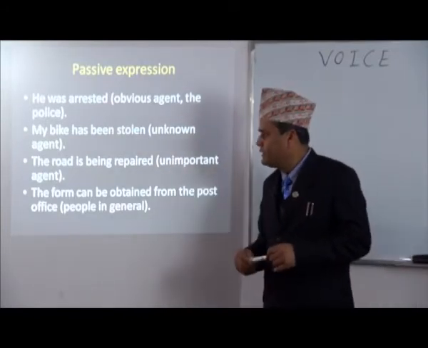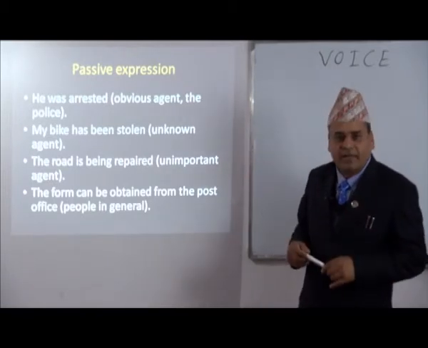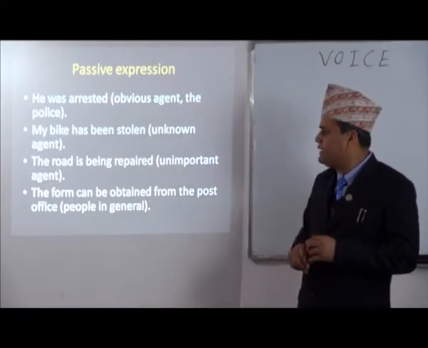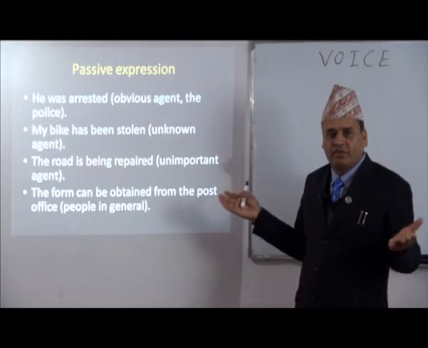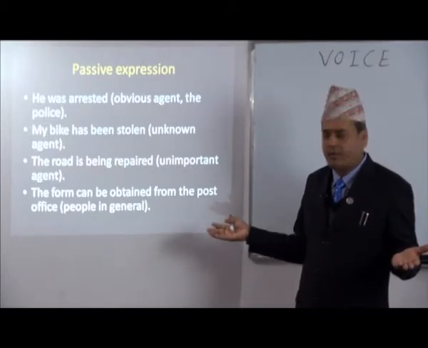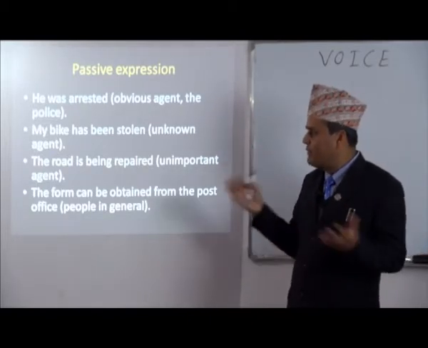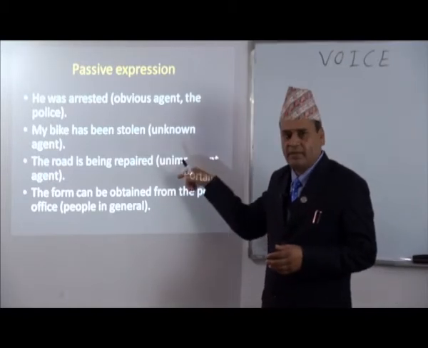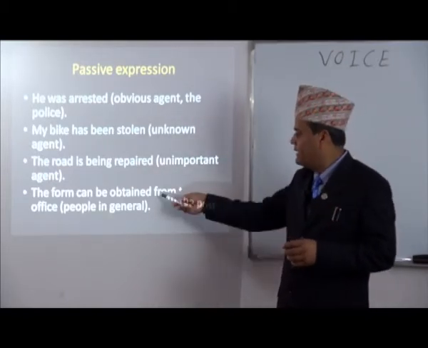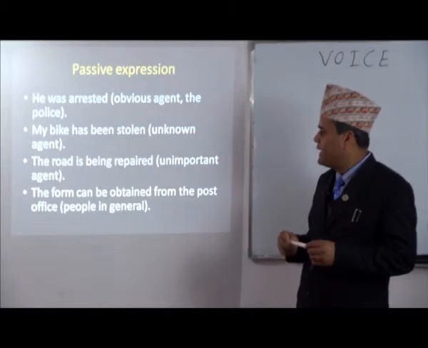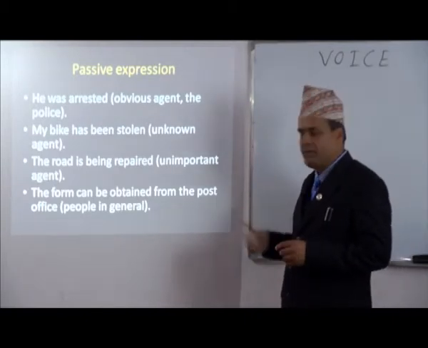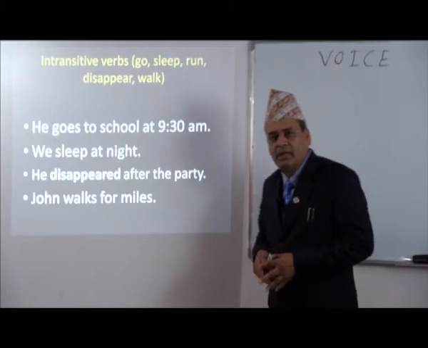And the third sentence is "The road is being repaired." Here it's not very important to mention the agent. The very important thing is what happened, the road is being repaired. And the last sentence here you see "The form can be obtained from the post office." And we are moving to the next example.